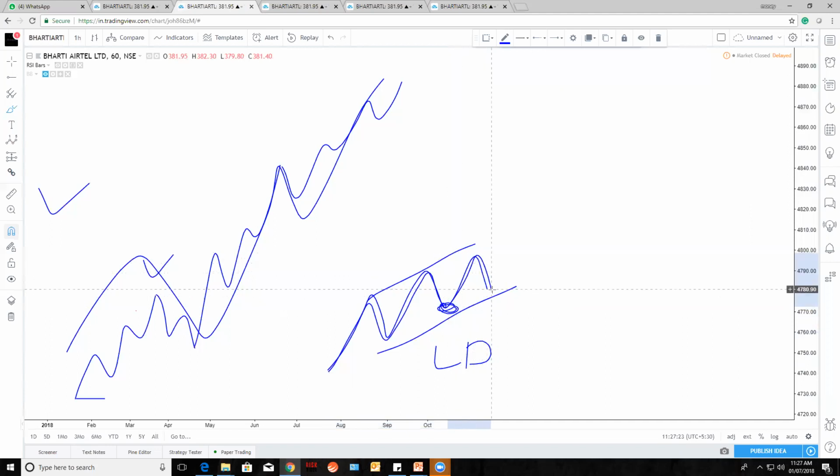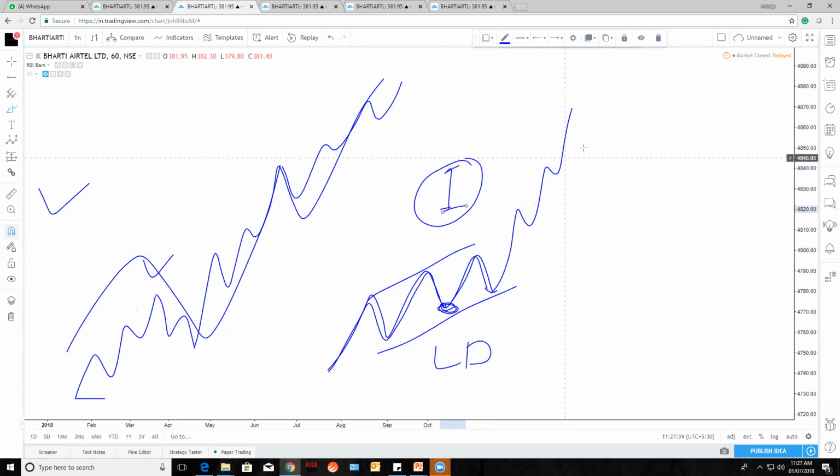Let's say after this completion, it moved like this. So this is wave 3. Wave 3 can only be an impulse. It cannot be a diagonal or anything else. Wave 3 should always be an impulse. And after the 3rd wave, the 5th can again be a diagonal.